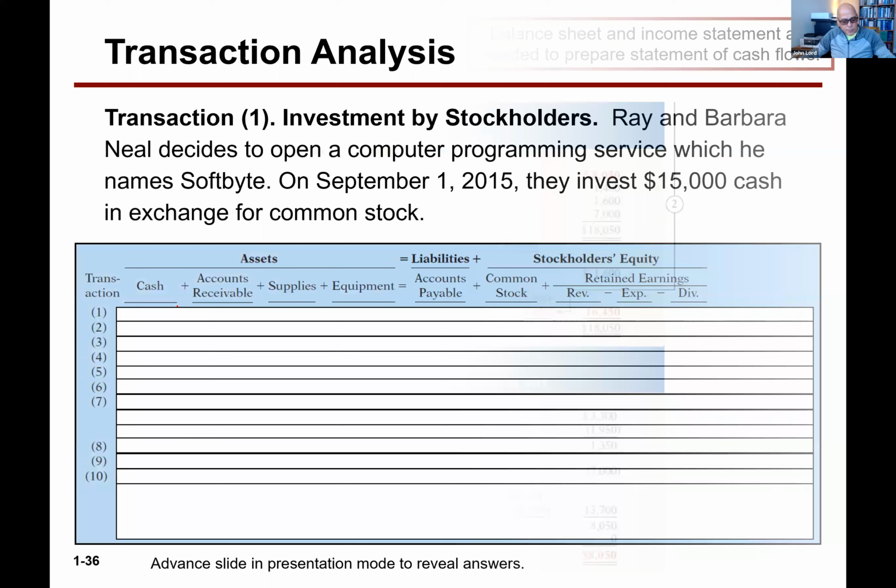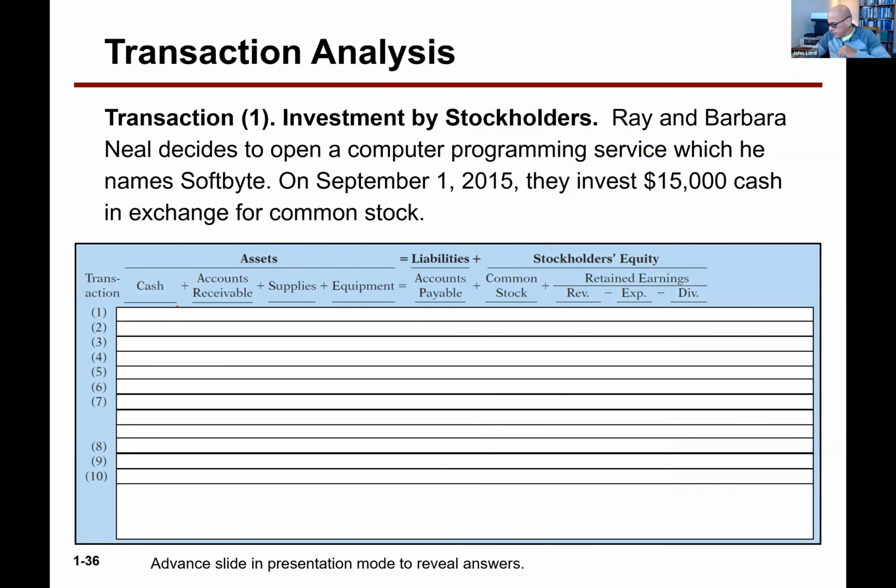Okay, good. Now, as we were finishing up last time, I did ask you to take a look at this set of slides and go through and see if you can look at a description of a transaction, which is what they're going to be giving us here, and see how that affects various accounts, for the balance sheet and for the income statement, and then also see how that ultimately will keep the equation in balance: assets equal liabilities plus stockholders' equity.